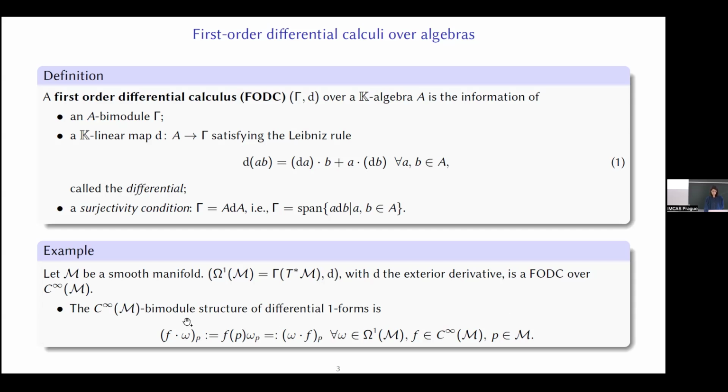In this case, the bimodule structure is defined like so at each point p in the manifold. The one-form ω acted upon from the left by a smooth function f at the point p coincides with f acting from the right on ω. And this is not the case in general for the non-commutative case.